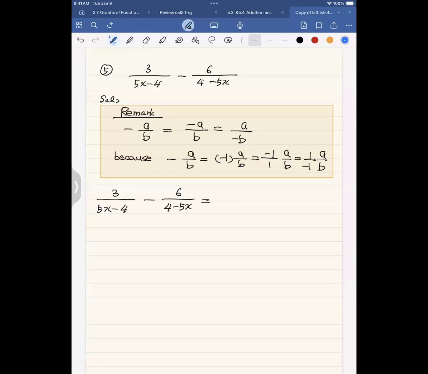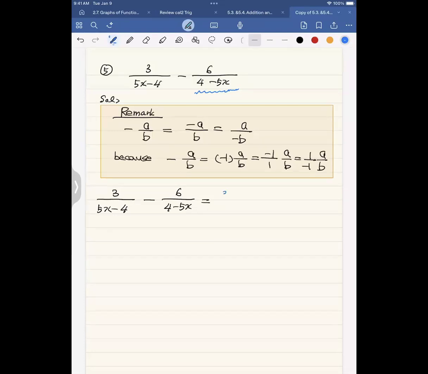The next problem is 3 over 5x minus 4 minus 6 over 4 minus 5x. Obviously, both are different fractions, but we know that the second one has a flipped position. Let's consider another expression of the same situation.